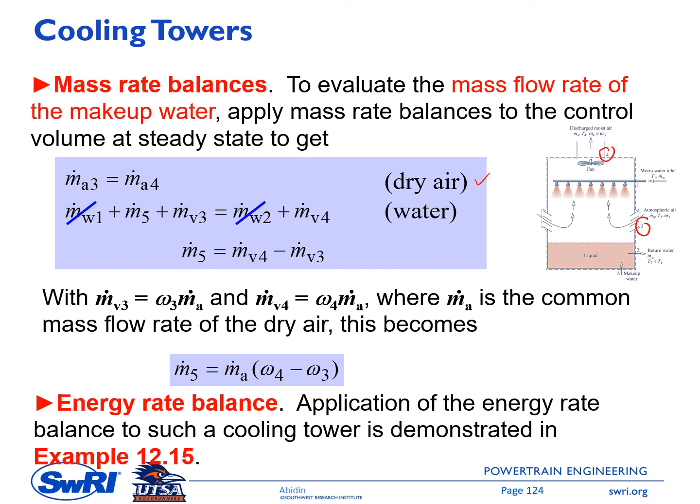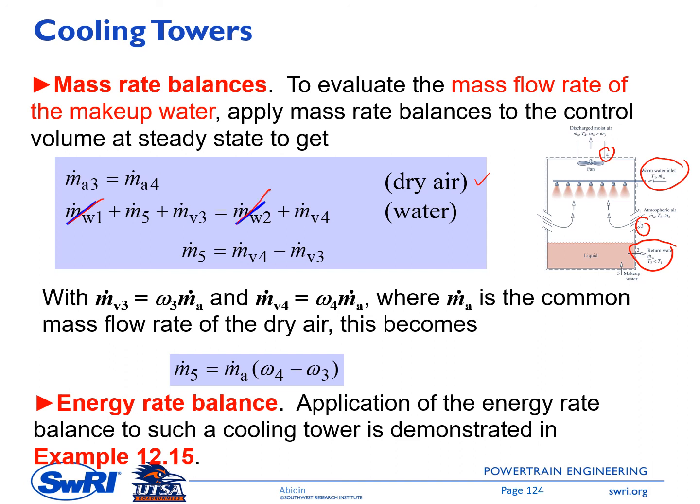The second balance here is for the water. In this case, we know that m dot w1 equals m dot w2. The mass flow of the incoming water equals the mass flow of the outgoing water through state 2. Therefore, this will cancel out.